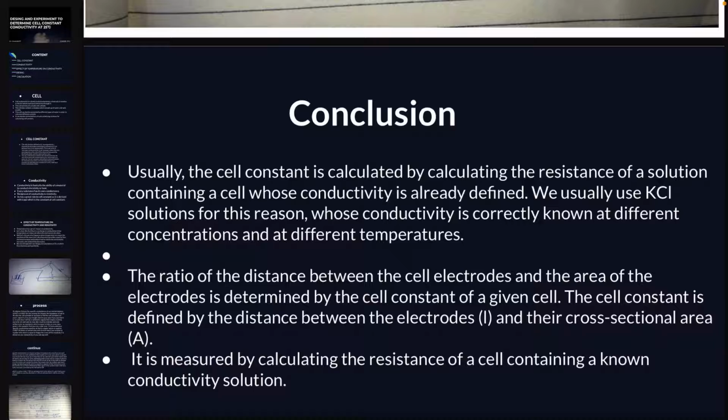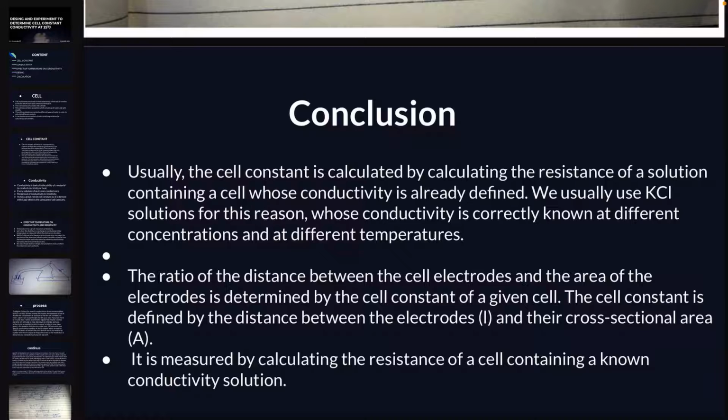To simplify, a cell has two electrodes, and the distance between them relative to the area which cross sects them, the cross sectional area, is basically the cell constant. There is nothing more to take a headache on.